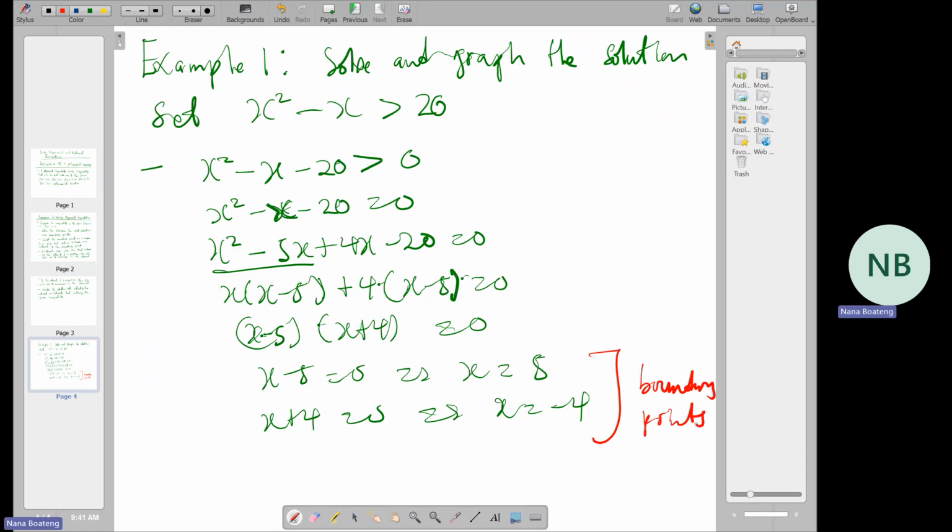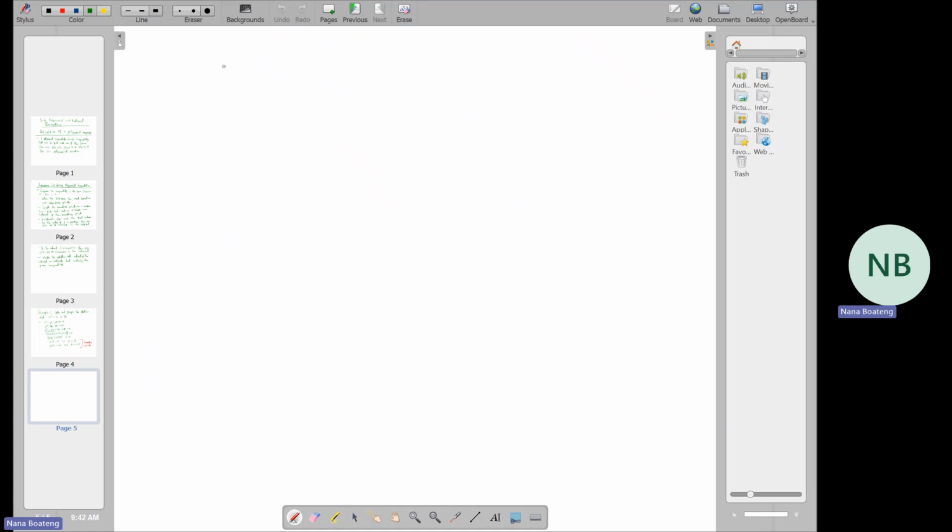So this will be our boundary points. The next step is we are going to put these numbers on the number line and pick test points. So we have a number line and our test points are negative. This is 0, 1, 2, 3, 4, 5, and 6.